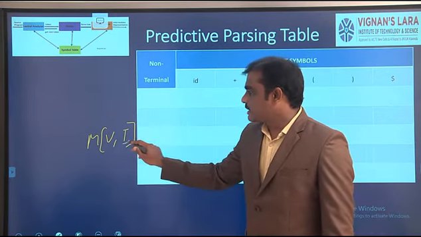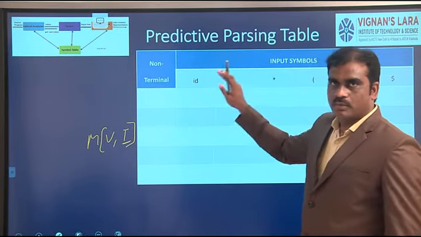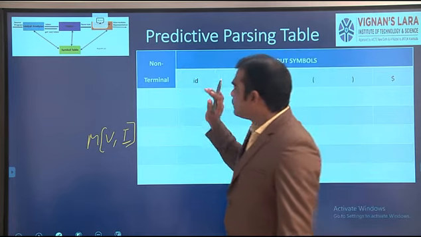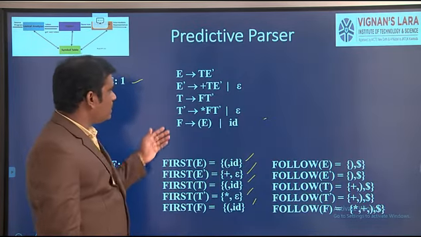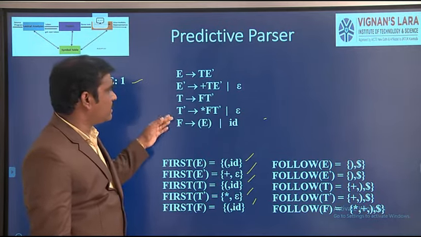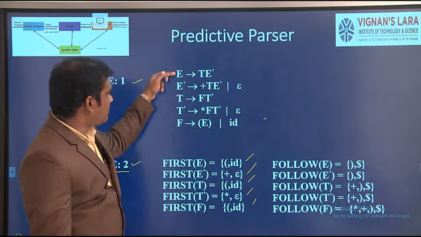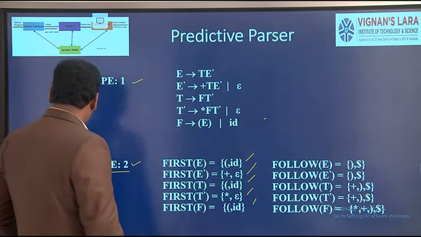The second parameter is T. T means terminals, represented row wise. So in total, how many non-terminals are there? This is the step 1 result, elimination of left recursion, the resultant grammar. In this grammar we have a total of 5 non-terminal symbols.